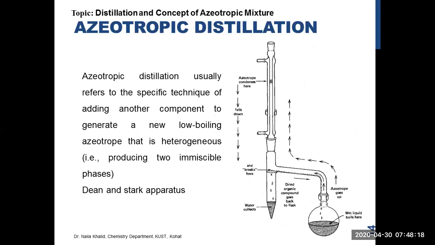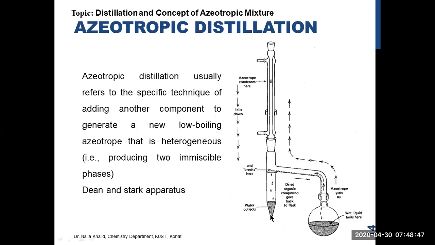If you have added a third component in this, you have the addition of the Dean and Stark apparatus. This is the Dean and Stark apparatus, specially designed. When you heat it up, the vapors come here, and one of the components condenses, like water is one of the components.